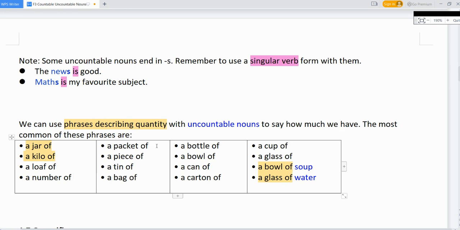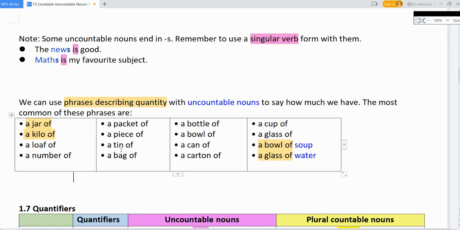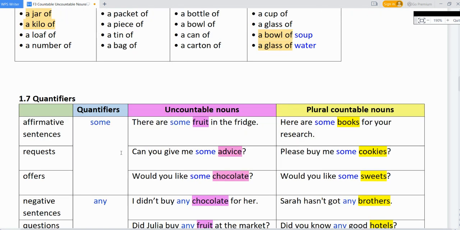A packet of dot dot dot, a piece of, a tin of, a bag of, a bottle of, a bowl of, a can of, a carton of, a cup of milk, a glass of coke, a bowl of soup, a glass of water. Okay, so uncountable nouns cannot be counted but can be measured using phrases describing quantity. Okay, next we look at quantifiers.